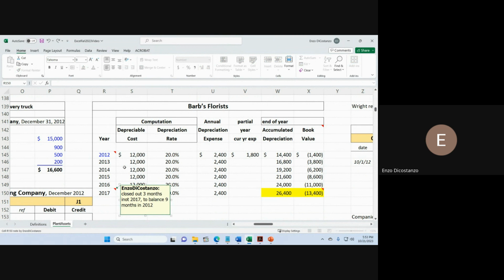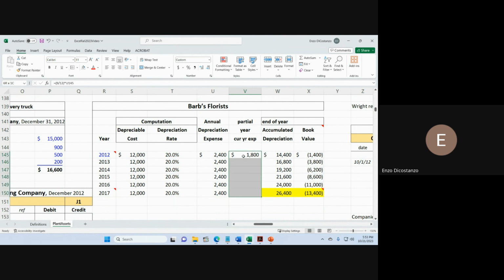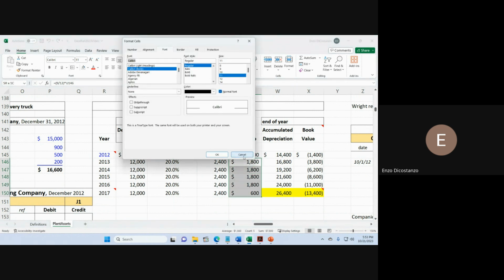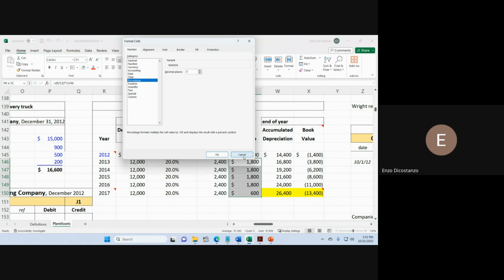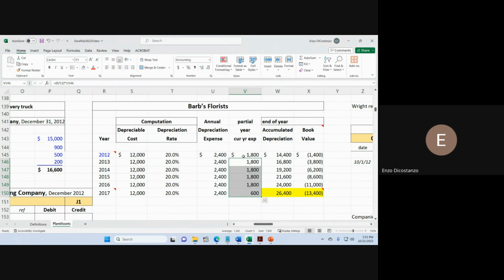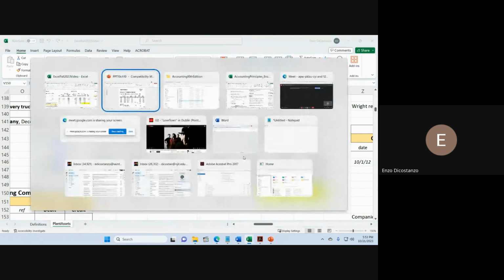That's what it's for. You're balancing the 9 months into 2012. Okay. These are all 100%. And this will be 3 months. So, yeah, see that? How that works?